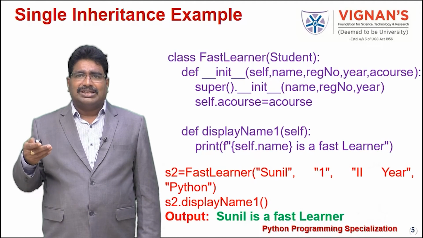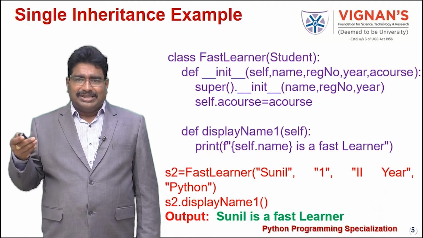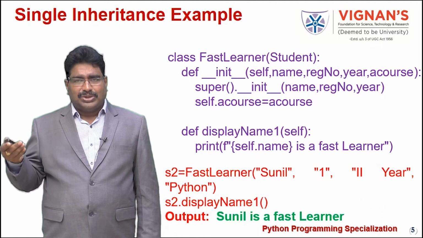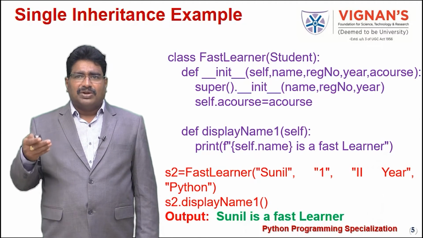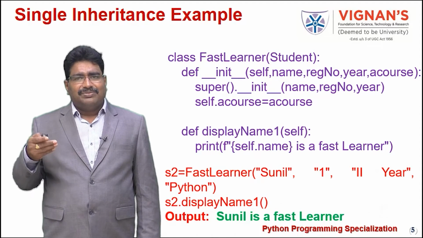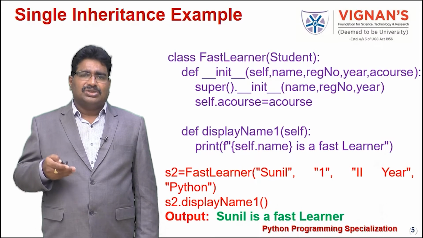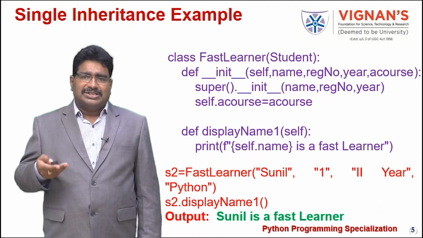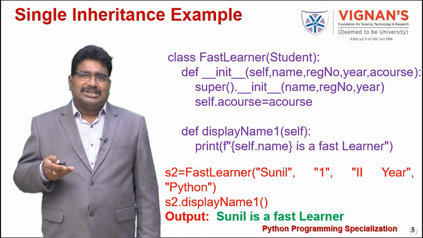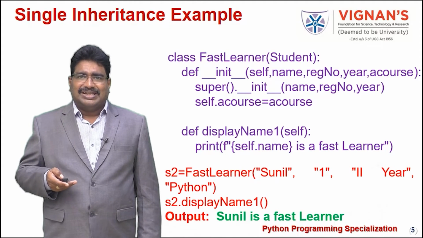So automatically the FastLearner consists of the name, register number and year parameters. These are derived from the student. In addition to that, we want to add one more attribute, the additional courses. Similarly, the display_name method is already derived from the student. In addition to that, we added one more method, display_name1, in the FastLearner class. I hope we clearly understand the single inheritance.